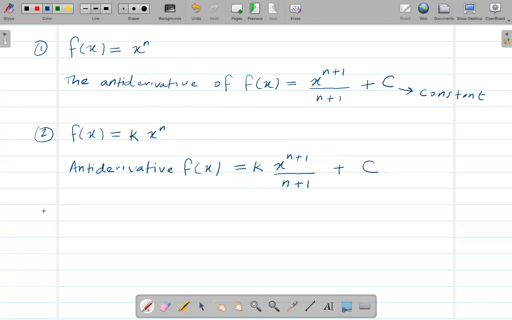Now, what about when a function is given as f of x equals k, where k is again a constant, and you're taking the antiderivative of a constant?